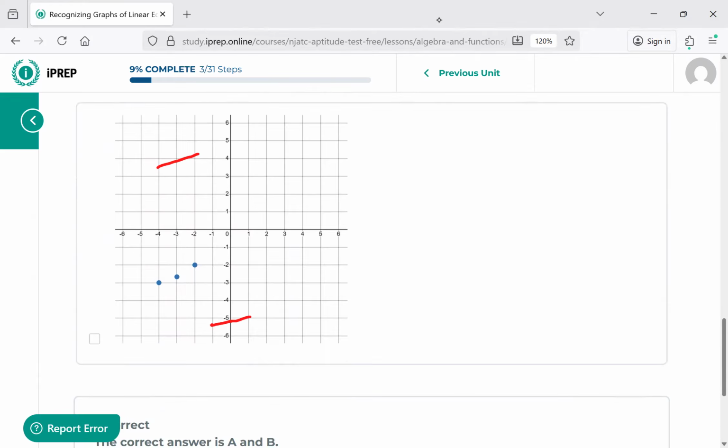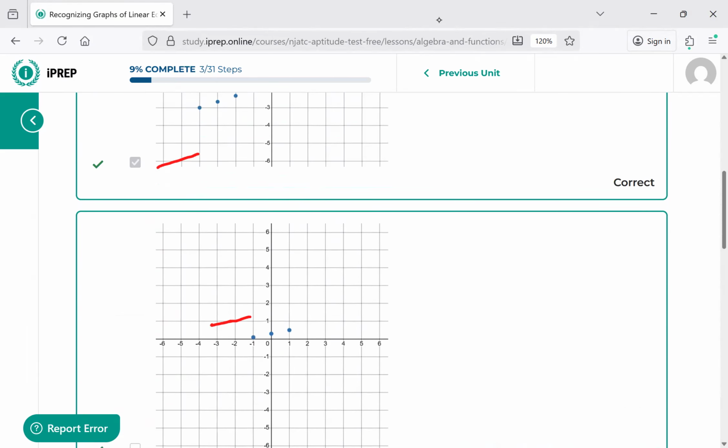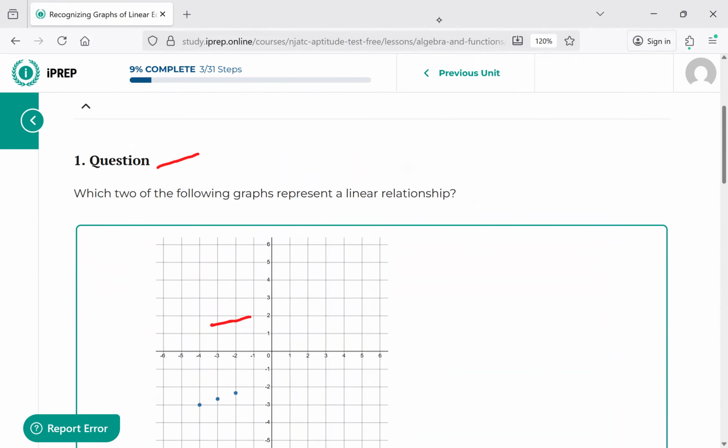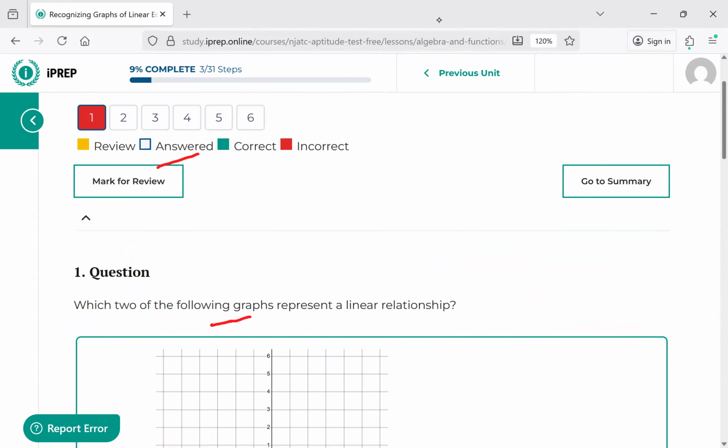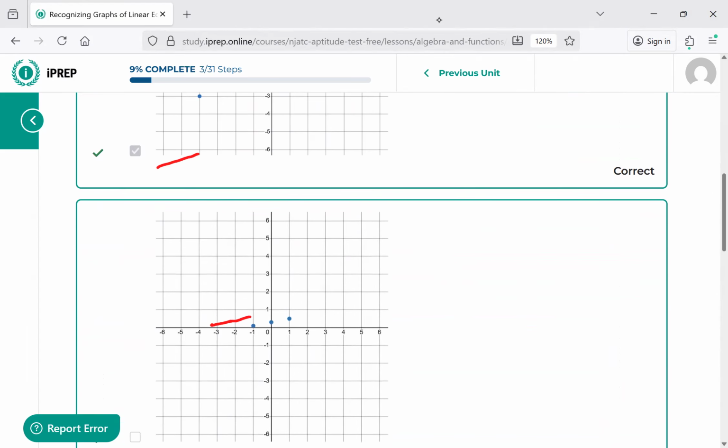Yeah, the correct answer is A. Oh, and B. I didn't even know you could have more than one correct answer. So on this one, A and B are correct, the first one and the second one. They both look good. You just have to know it's either a slant going positive or negative.